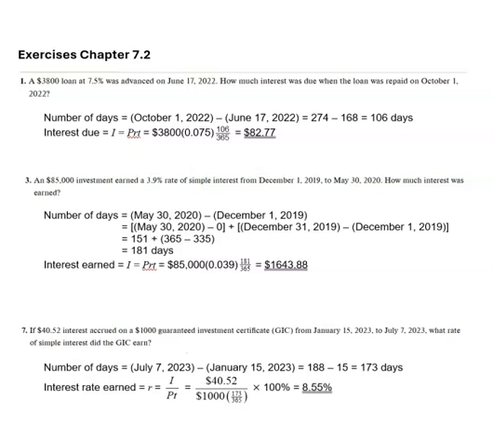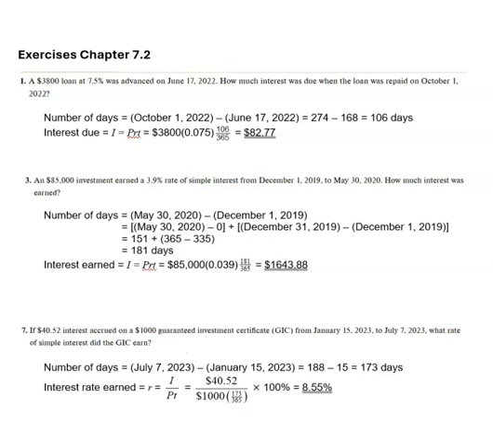So we've got the principal of $3,800, your interest rate of 0.075, and then the term is 106 divided by 365, and that gives you total interest of $82.77. And remember, if they're asking the whole amount, what's the total amount that's due, that's when you'd add in the principal amount as well. So it would be the $82.77 plus the $3,800. But in this one, it's just asking you what interest amount is due.